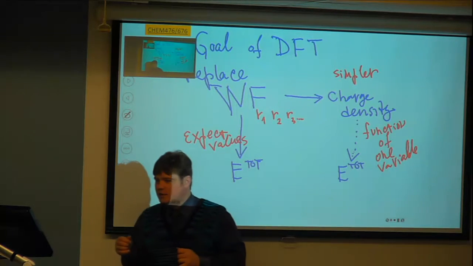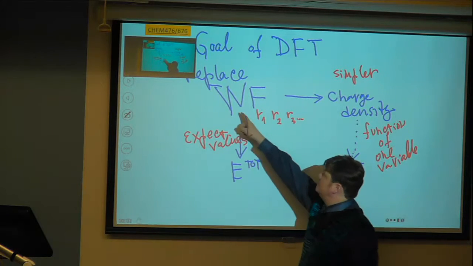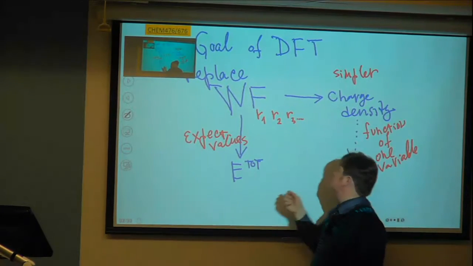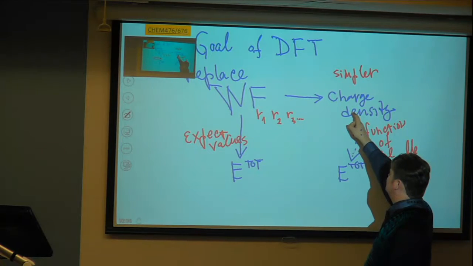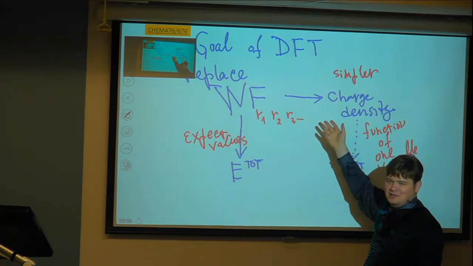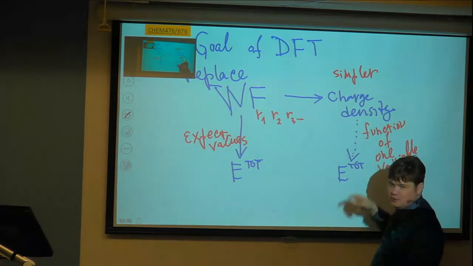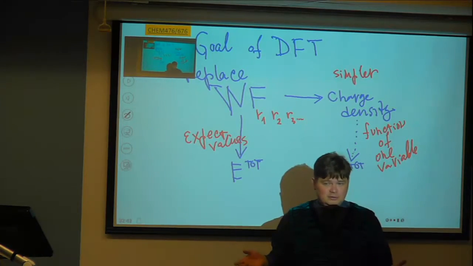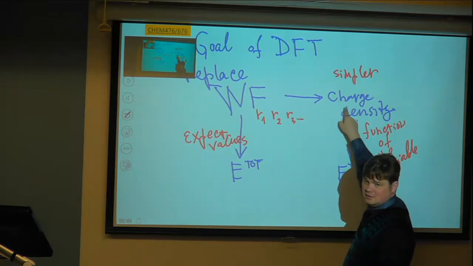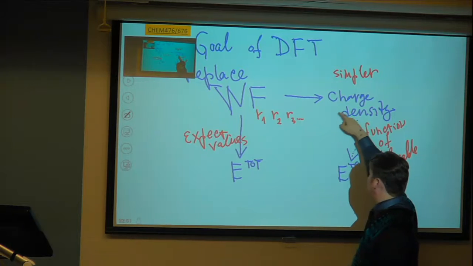So the main idea of density functional is that instead of the wave function, WF, you have charge density, CD, compact like this. And you get total energy. Now you know what density functional is, right? So density of charge, and the functional is how to get total energy.